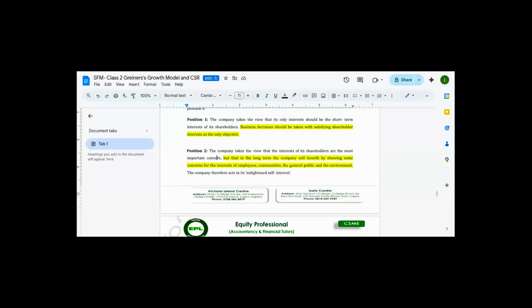They still emphasize that. But, thank God, in the long run the company will benefit by showing some concern for the interests of employees, communities, the general public, and the environment.